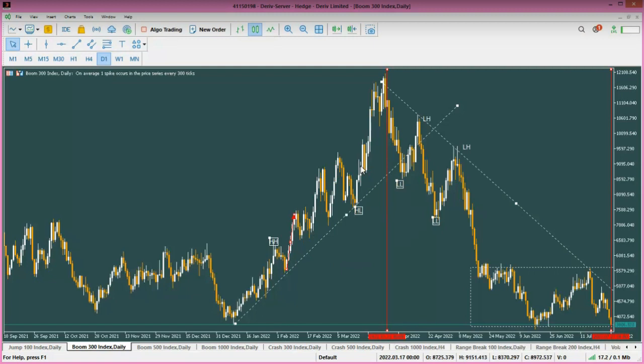We can all say we know how to draw the support and the resistance, only to find that we're making a mistake. This is the market. Even if you are a master, you make a mistake there.